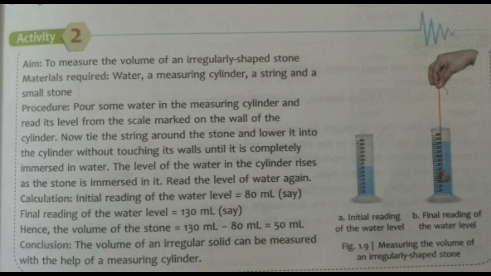And by using the formula final reading minus initial reading, we can calculate the difference between the readings we get before and after immersing the stone. The difference between the initial and final reading of this activity shows the volume of the irregular shaped stone.